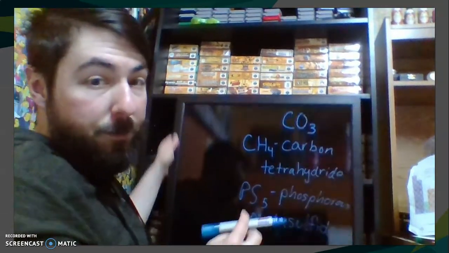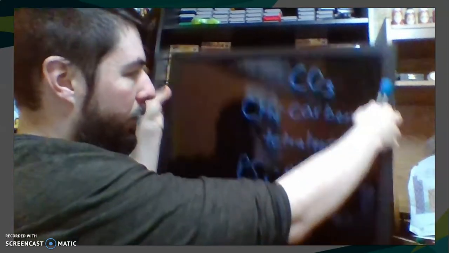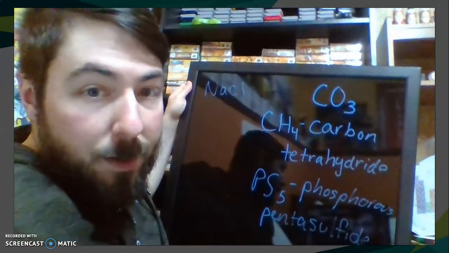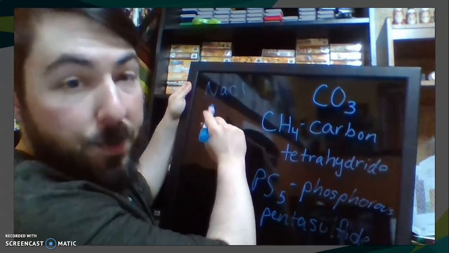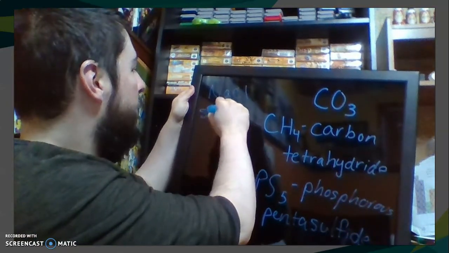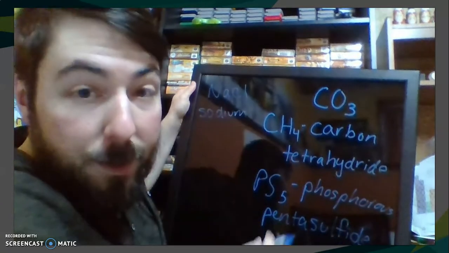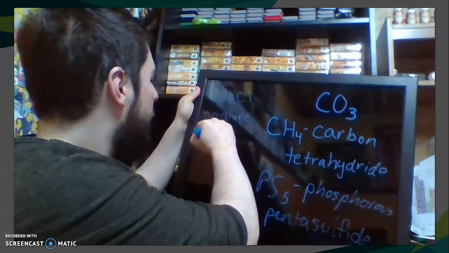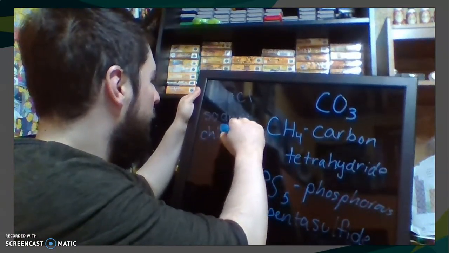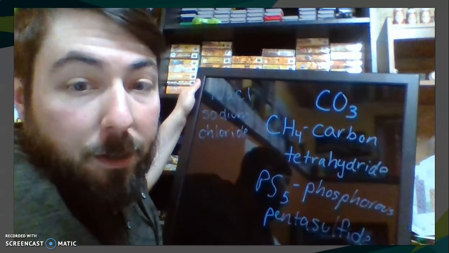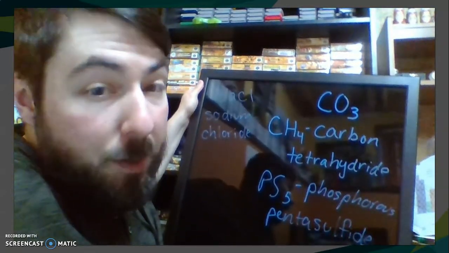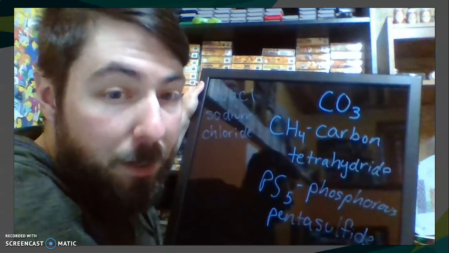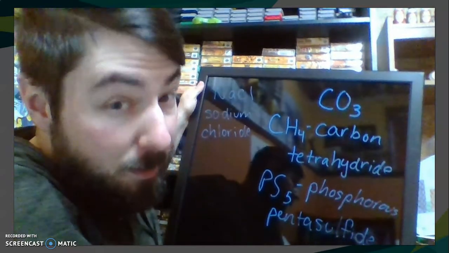So for example, NaCl: Na is sodium, and Cl is chlorine, so we change it to chloride. Now the nice thing about naming ionic compounds is we don't have to worry about the prefixes. So it's just the metal and then the nonmetal, and change the ending to "ide."